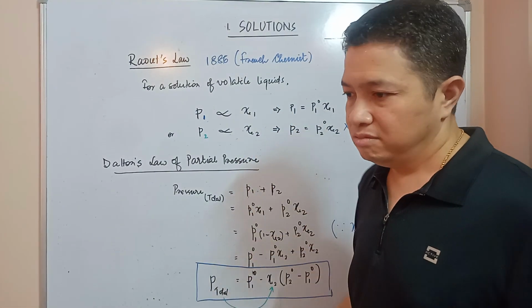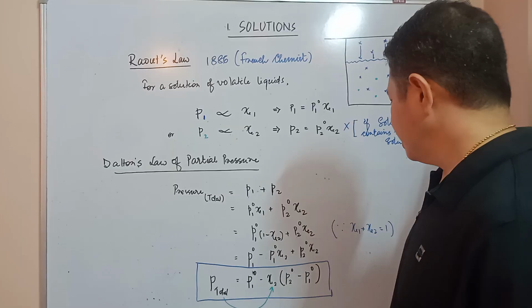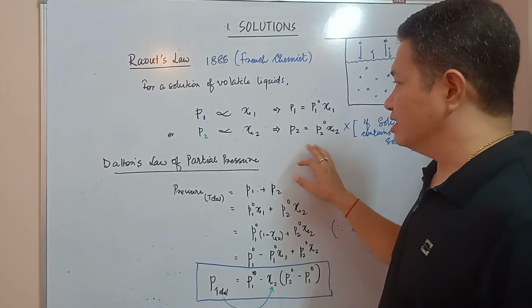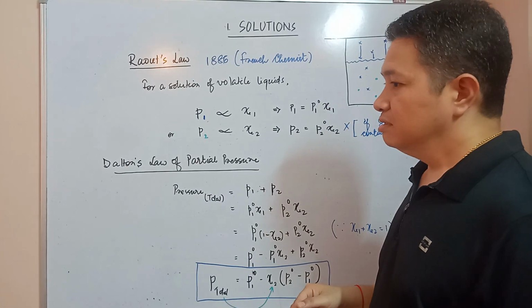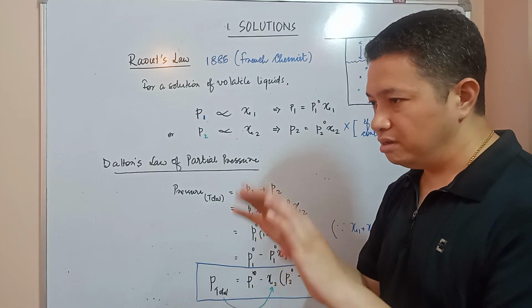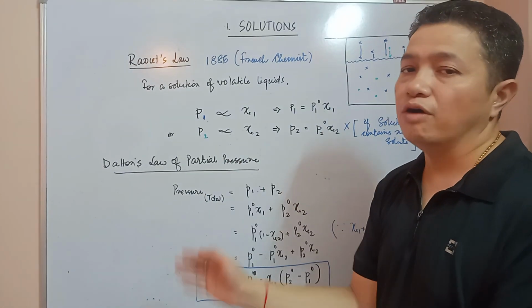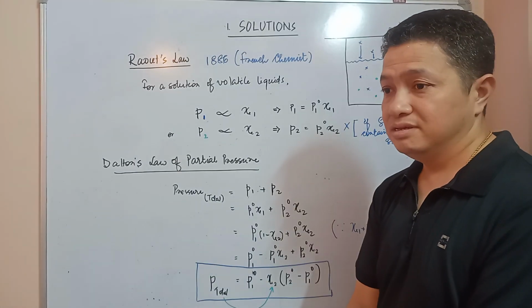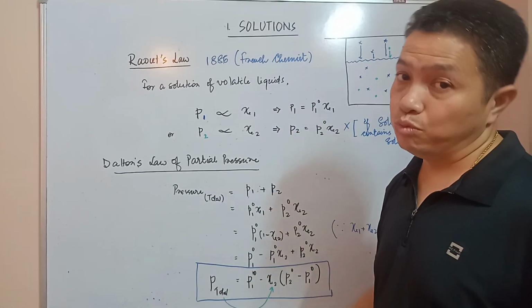What is mole fraction again? It's the ratio of the number of moles of that particular component divided by the total number of moles of all the components. That fraction is known as mole fraction.